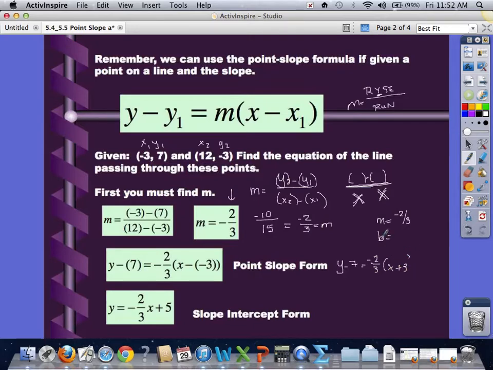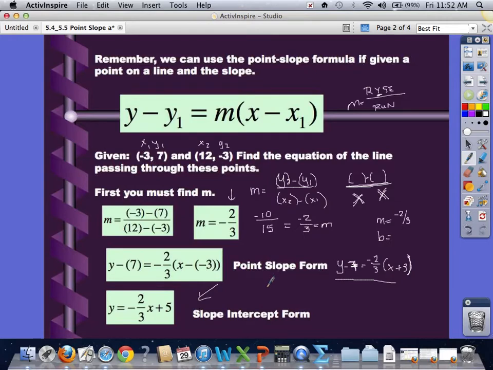You leave it like that for point slope, and we'll show you why we want to leave it like that sometimes. But you do not distribute unless you're going for the slope-intercept form. If you want to leave it in point slope, this is what it looks like. And then slope-intercept form, if you finish distributing and move your -7 over, this is what it will become.